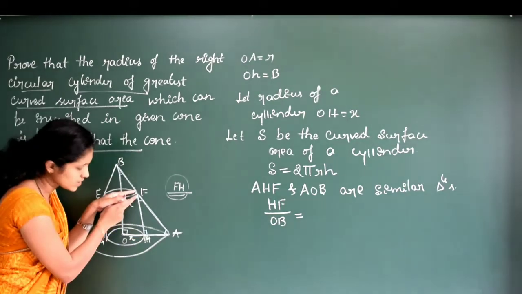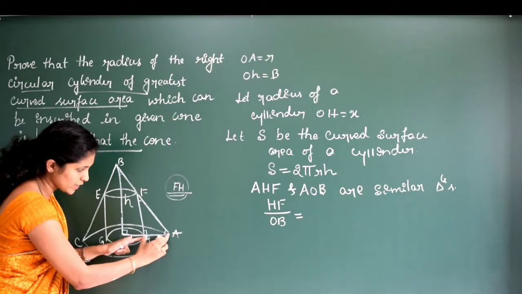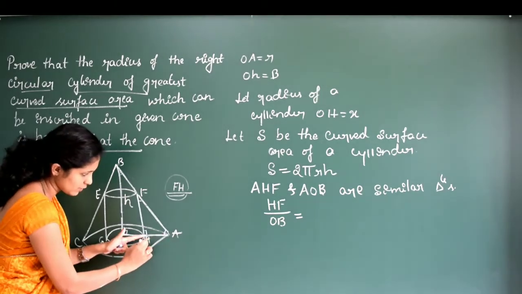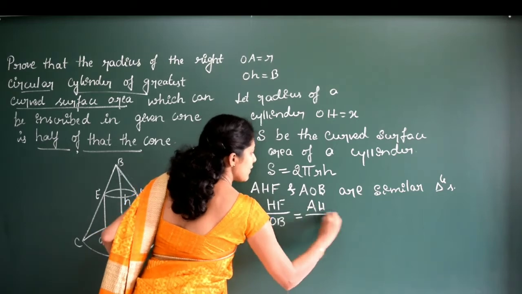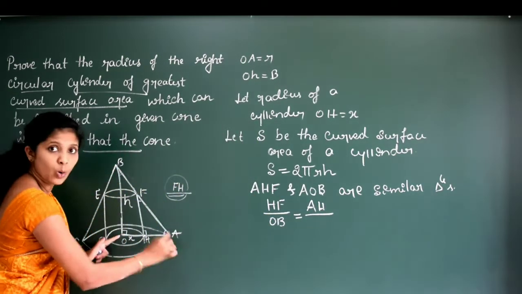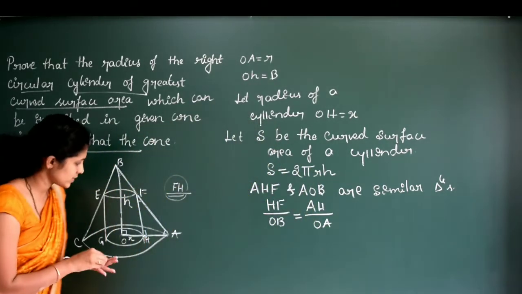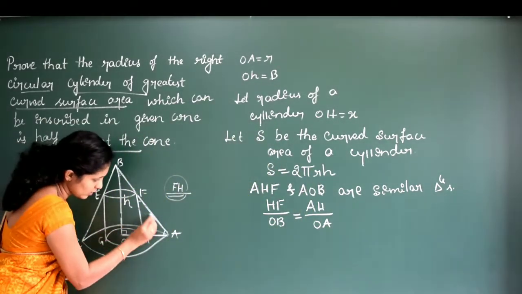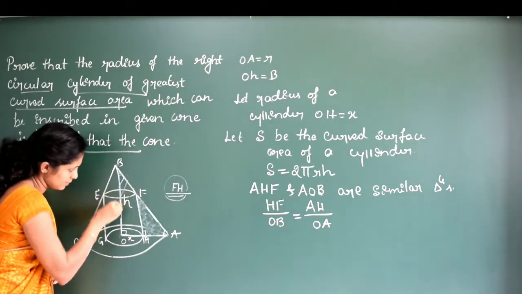We'll consider this side, the side of this one will be AH, so HF divided by OB should be equal to AH divided by this side, which will be OA. Is it clear? OA. I hope you understood this. See, this is one triangle, okay? This is one triangle and this is another, bigger triangle.